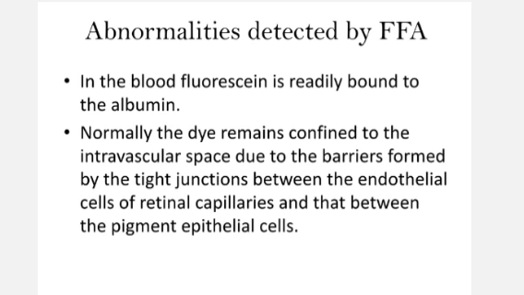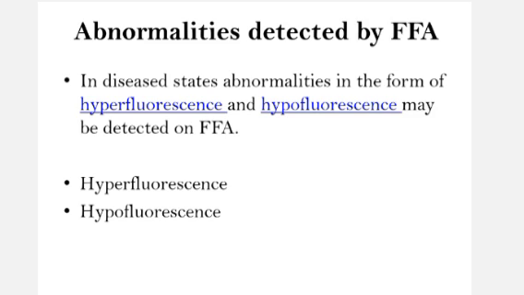Abnormalities detected by FFA. In the blood, fluorescein is readily bound to albumin. Normally, the dye remains confined to the intravascular space due to the barriers formed by the tight junctions between the endothelial cells of retinal capillaries and those between the pigment epithelial cells.